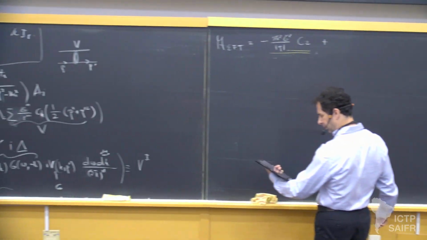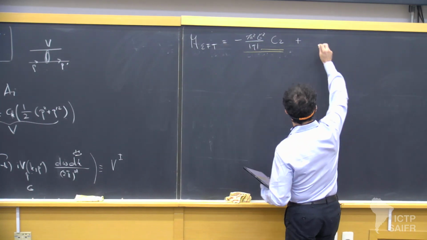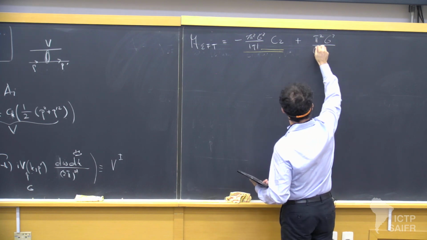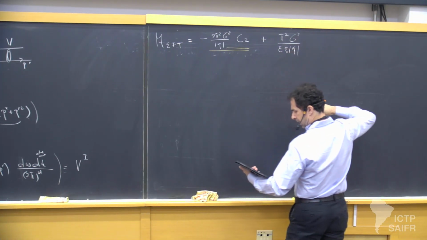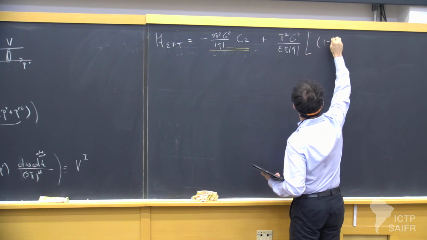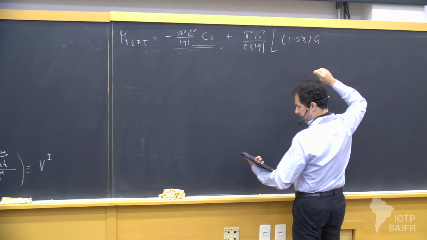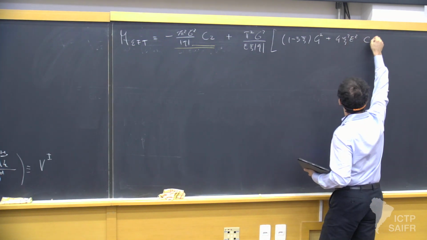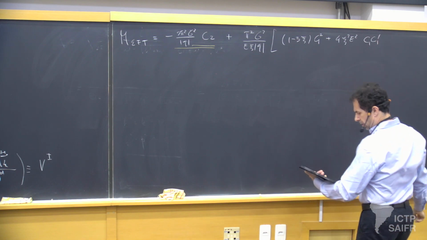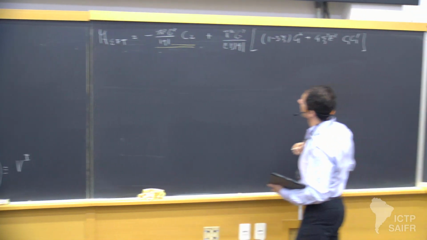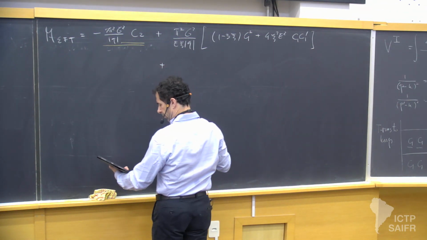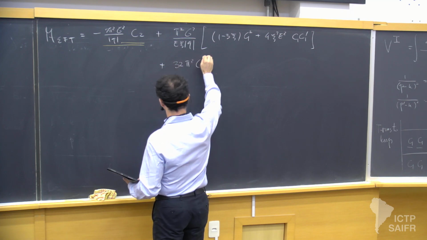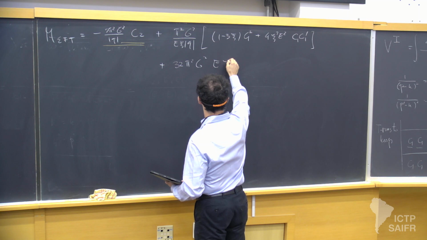So what we find is the following. I should have written this before. G squared E psi norm of q, and then 1 minus 3 psi C1 squared plus 4 psi squared E squared C1 prime. And that's it. And then there is plus our friend, which is that guy, with coefficients included, 32 pi squared G squared E psi.